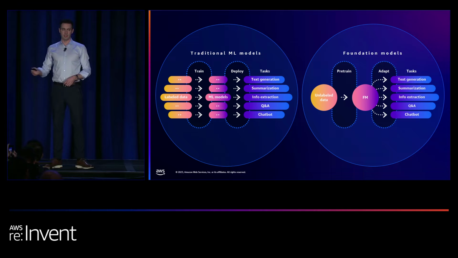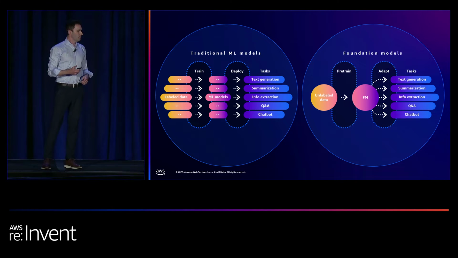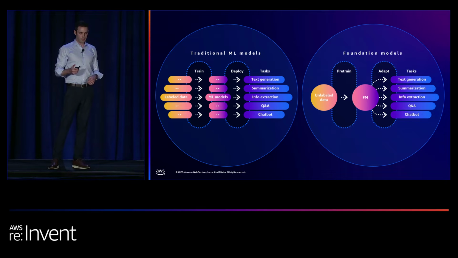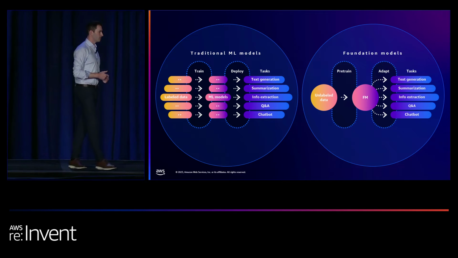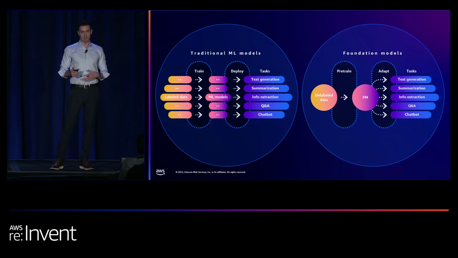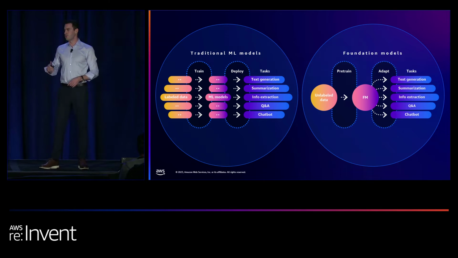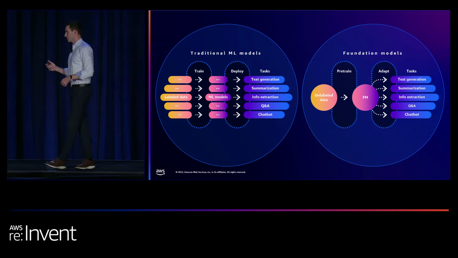Then you're using that data set to train your model for a very specific task. With Gen AI, you're training what are called foundational models, which can be trained on a large amount of unlabeled data, essentially raw data that you can feed into a model. And it's going to output a foundational model that does generally well at a bunch of tasks.